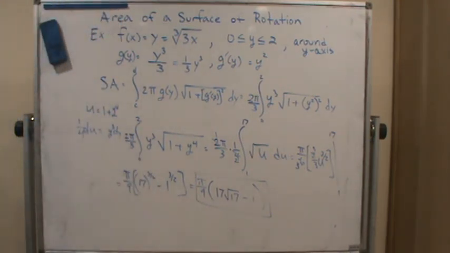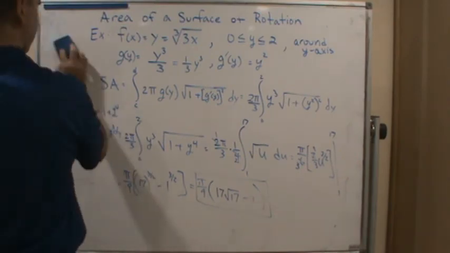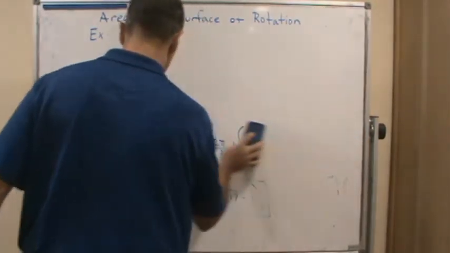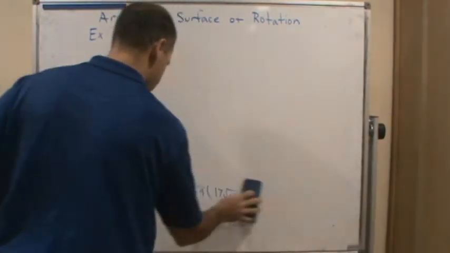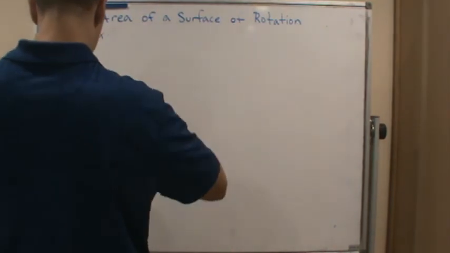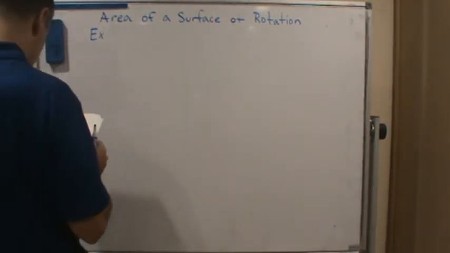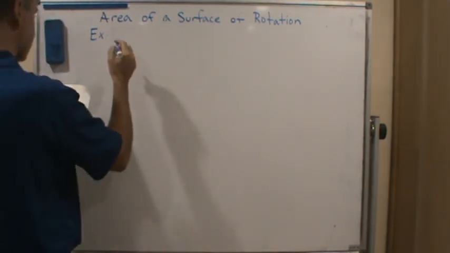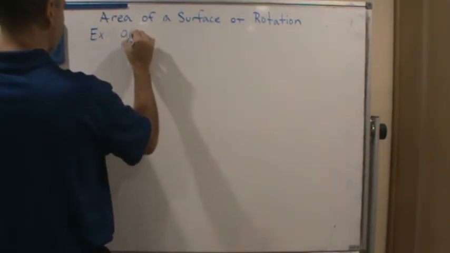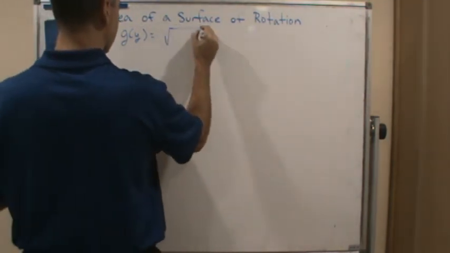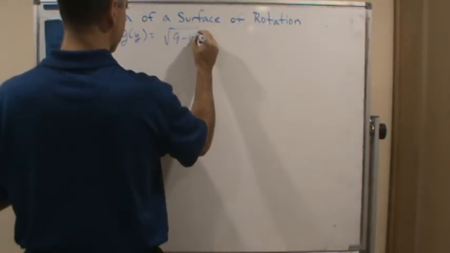Okay, here's one for you to try out. Again, practice makes improvement. So in this example, g of y is 9 minus y squared.